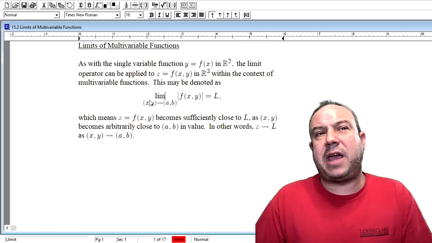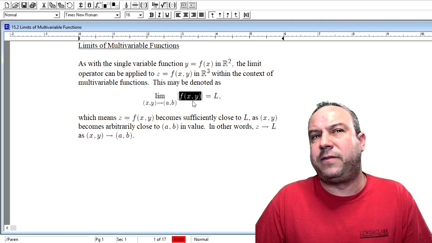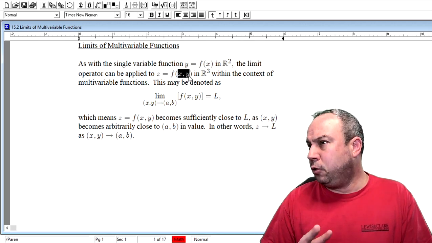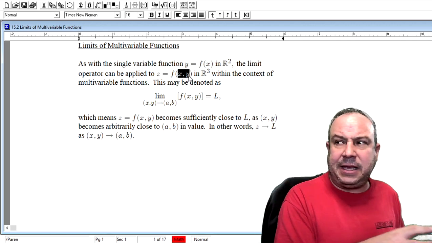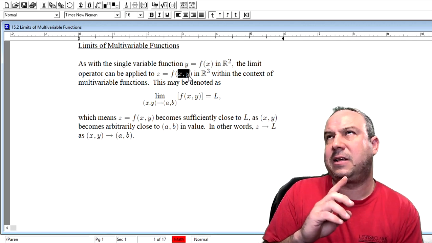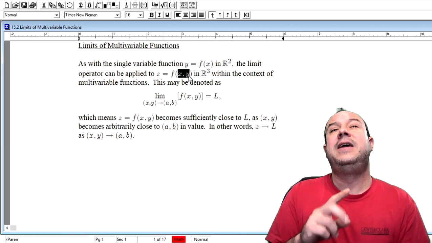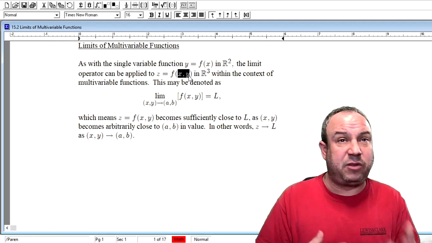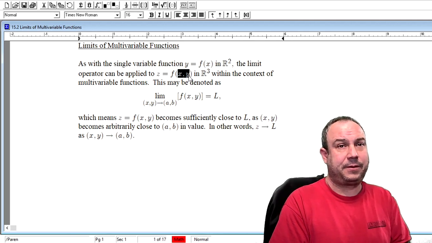Our multivariable function being f of x comma y has 2 independent values, x and y. Your domain of this function doesn't consist of one variable value in one-dimensional space, it consists of two variable values in two-dimensional space, in what we would think of as being the xy plane of 3 dimensions.